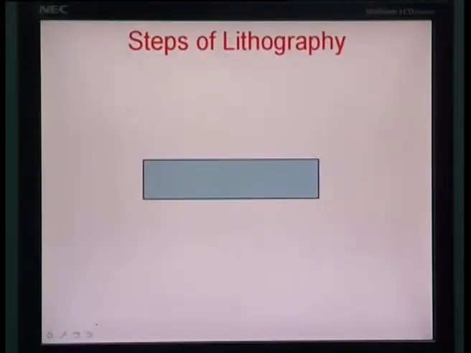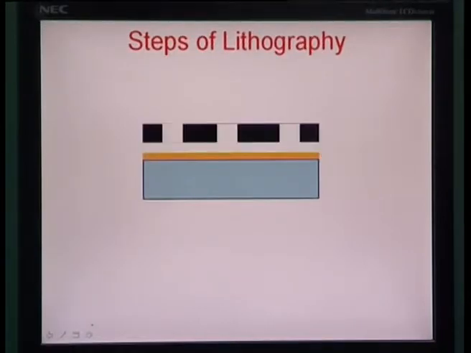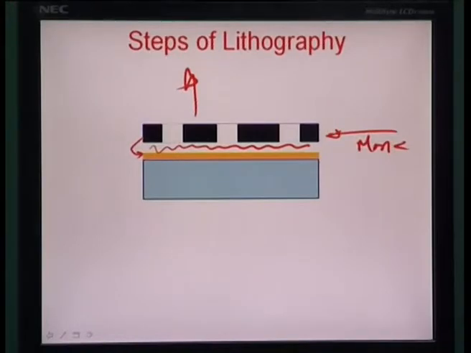So, let us see what the different steps of lithography are. You start with a silicon wafer, as you are seeing here. You spin coat a layer of resist, and then you set the black and white transparency mask over the resist. In contact mode you actually contact these two surfaces, in proximity you still have a small gap in between, and in projection the mask would be far away from the resist layer.